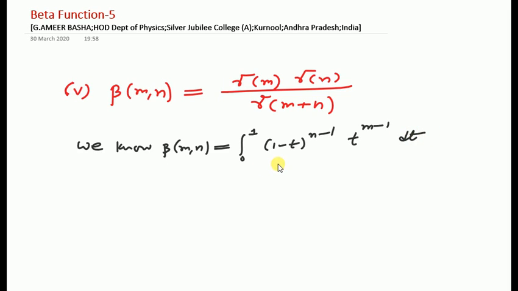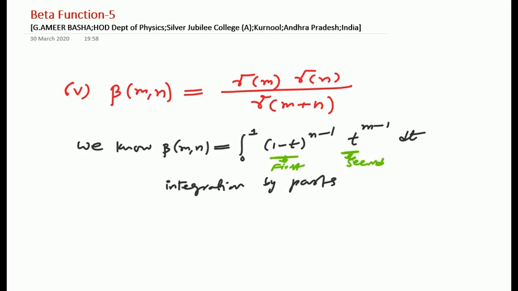So here we do the integration by parts. In this integration by parts, what is the first term and what is the second term? I'll take 1 minus t as the first term, and this will be the second term.